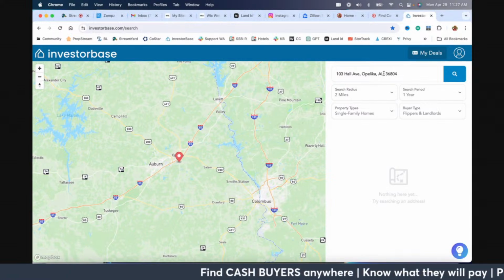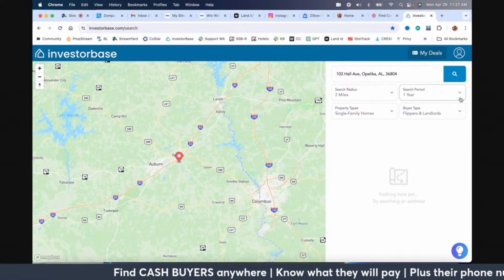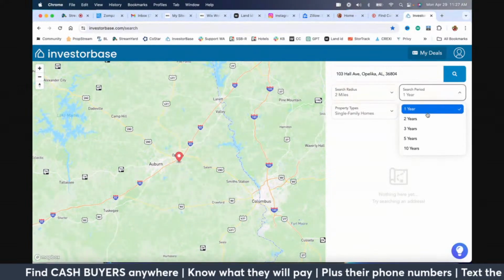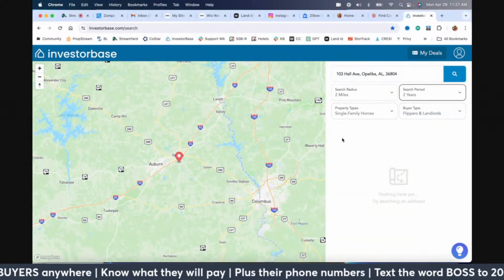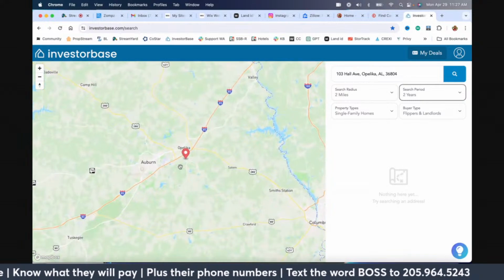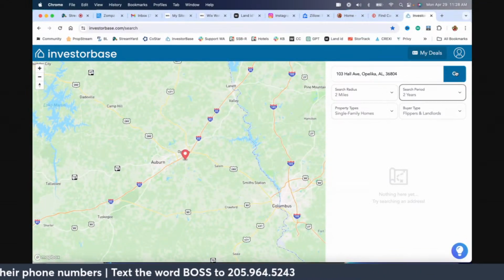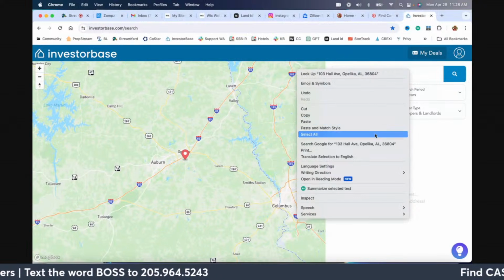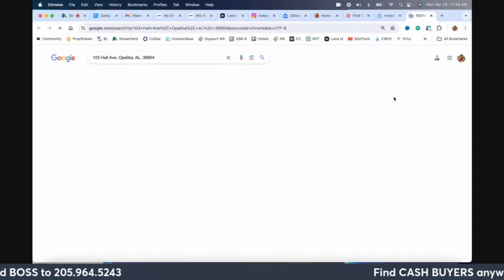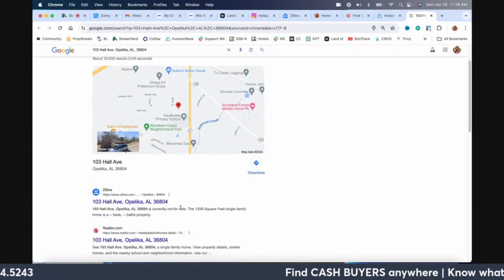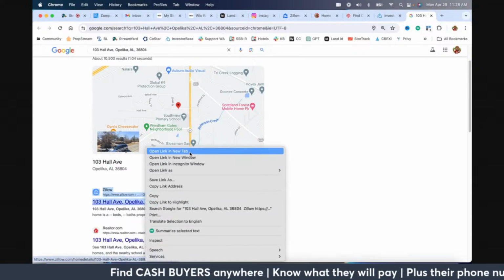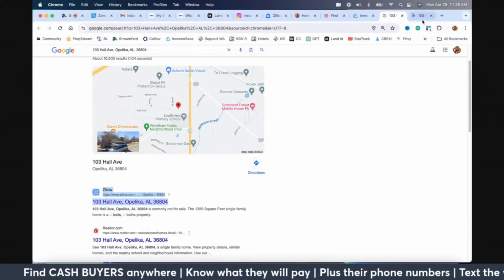Nothing. Is that a small town? Yeah, but it's still somewhat populated, because Auburn is right there. You see how close they are to each other. So let's just go out a couple of years. Then I'm going to extend the mileage on it too. Let's add it to Zillow.